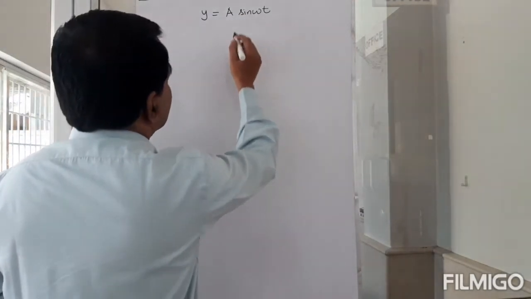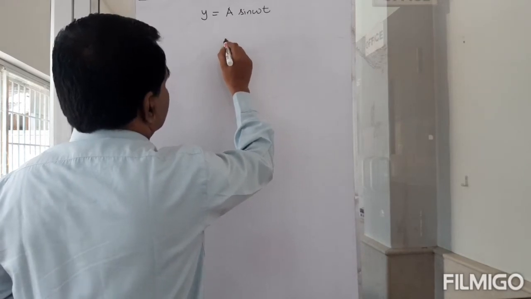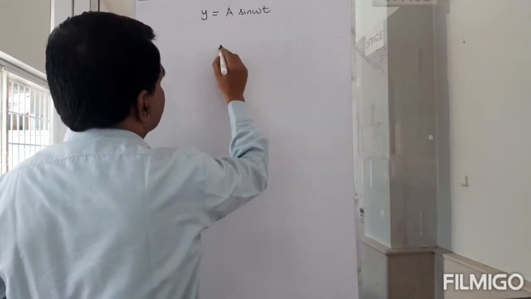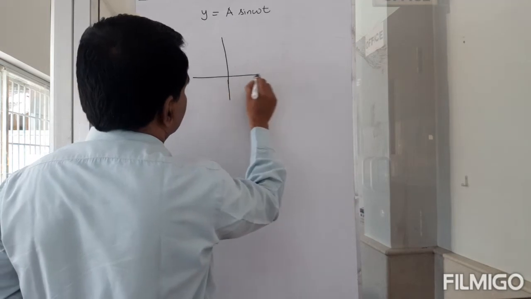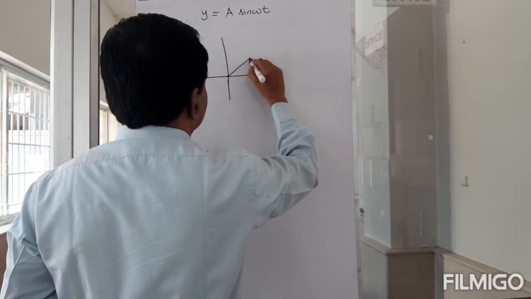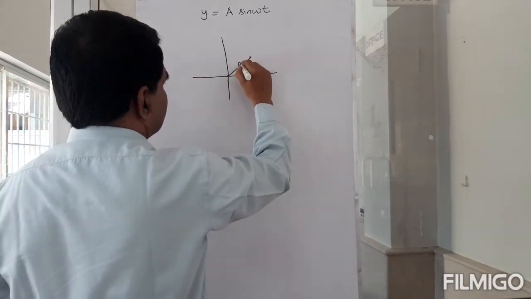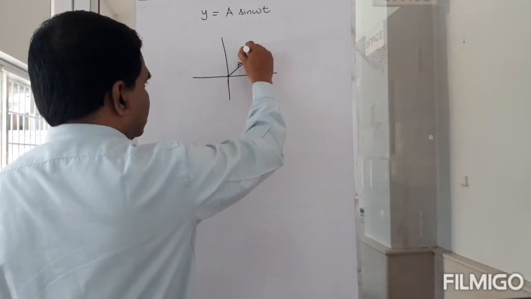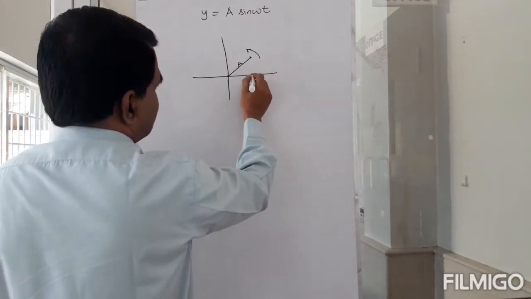I can take a rod, a rod of length A. Let's say this is the center, and let's say we take a rod of length A. And if I rotate this rod in this direction, anti-clockwise direction, so I start from here.